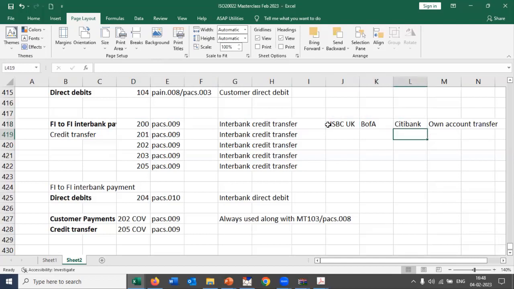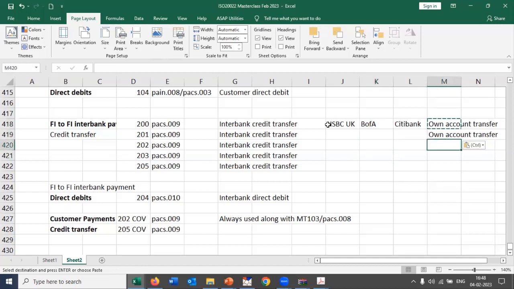So MT201 is own account transfer, but multiple own account transfers. In 200, I can have only one transaction. In 201, I can have similar multiple transactions, but again, HSBC is paying the money, HSBC is receiving the money, but there are more transactions in 201. Clear? On the first two, own account transfer.